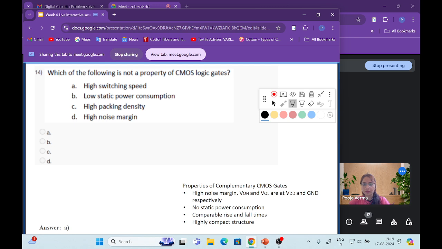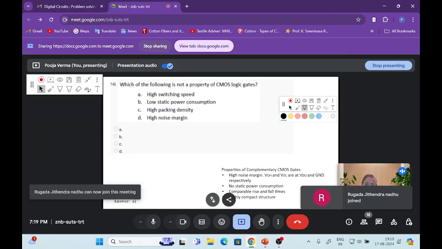Okay. So the next question is, which of the following is not a property of a CMOS logic gate? Option A is high switching speed, option B is low static power consumption, option C is high packing density, and option D is high noise margin.